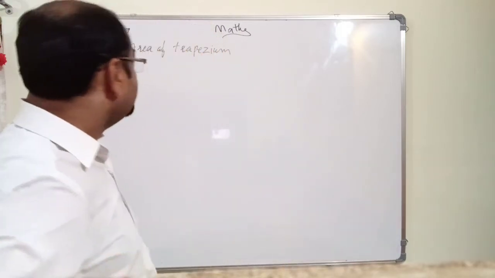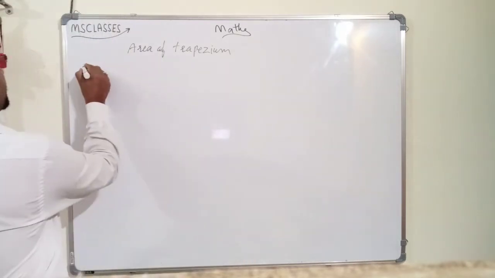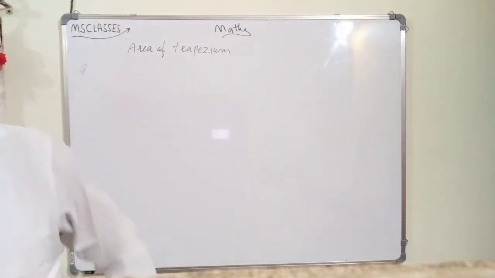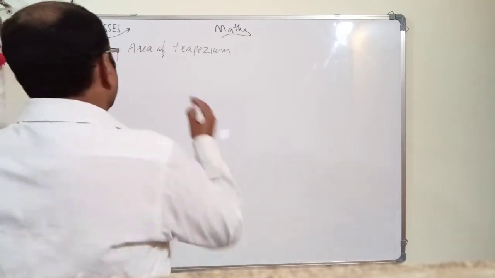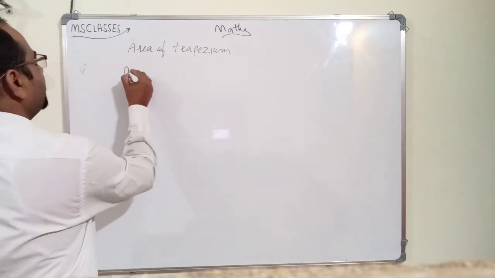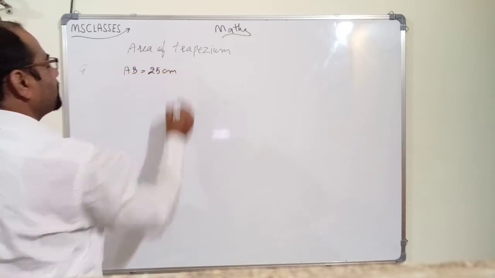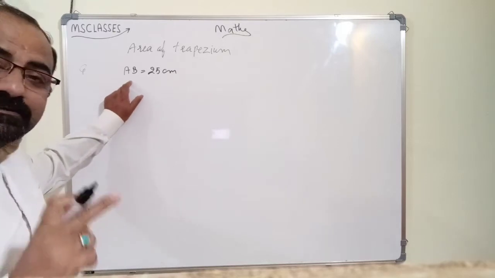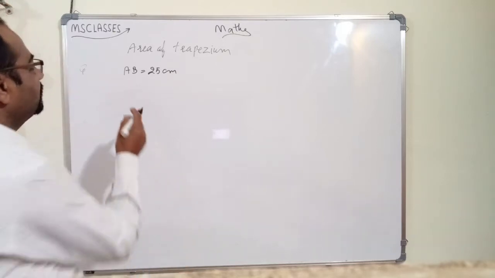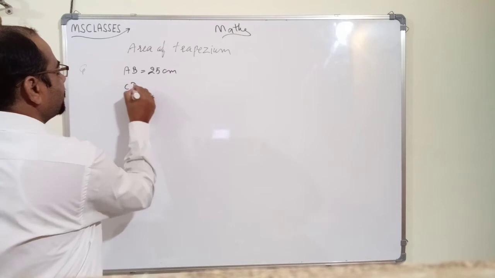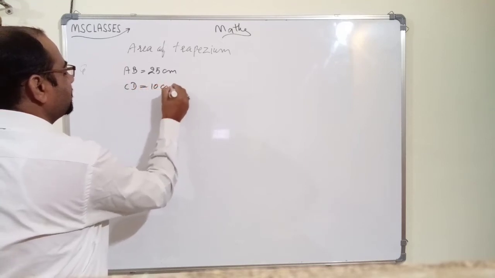So guys, here a question is: a trapezium having sides AB is equal to 25 centimeter and its parallel side, this is equal to CD 10 centimeter.